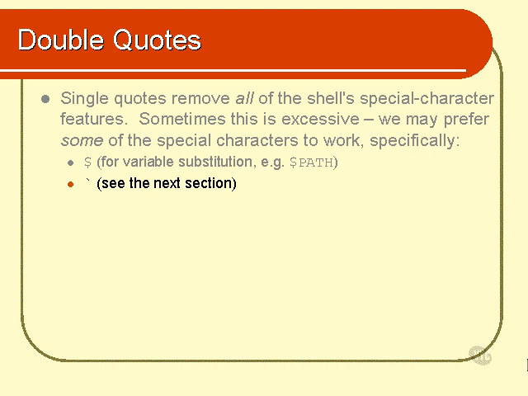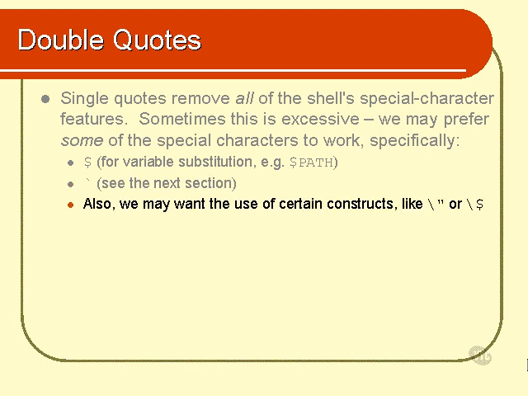And the backwards quotes, we may like that to remain special as well, and we'll explain about the backwards quotes in the next section. And also certain constructs may be very useful to us as well, like using the backward slash character to render certain other characters non-special. I know this is very confusing, so we're going to have to look at an example.